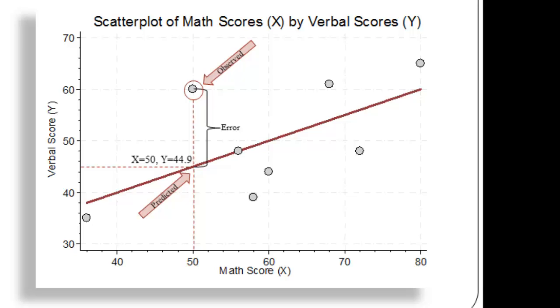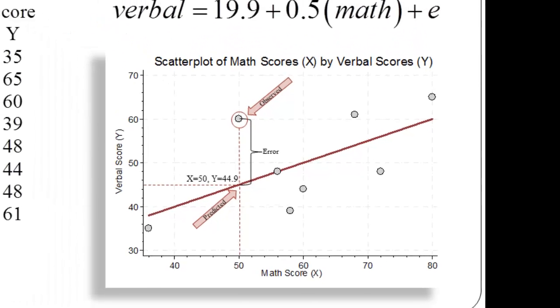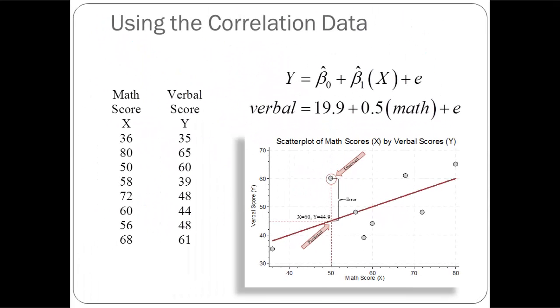Y-hats are predicted values. But in this case, my predicted value, 44.9, underestimates the actual observed value of 60, and that difference is my error. Our statistical models have error in them, and yet we're trying to reduce this by having good theory, well-developed statistics and measurements, and minimizing our error.